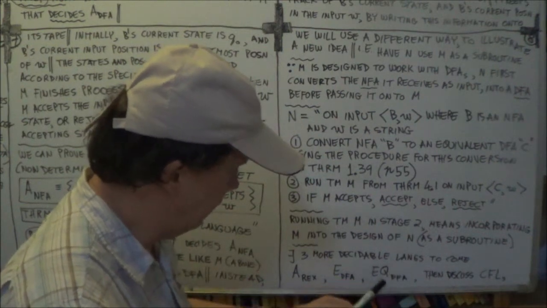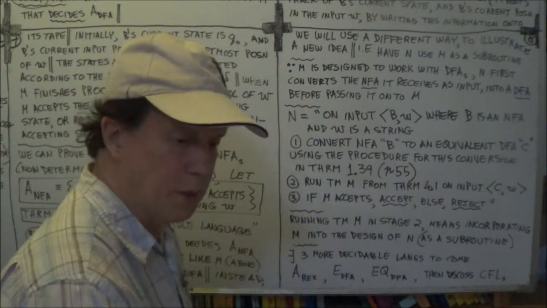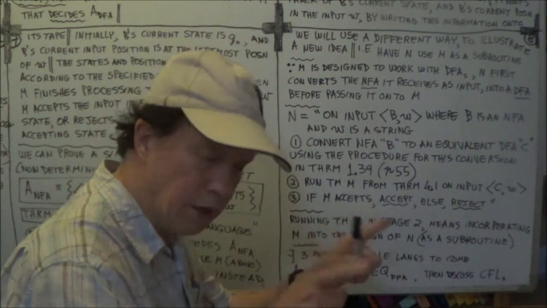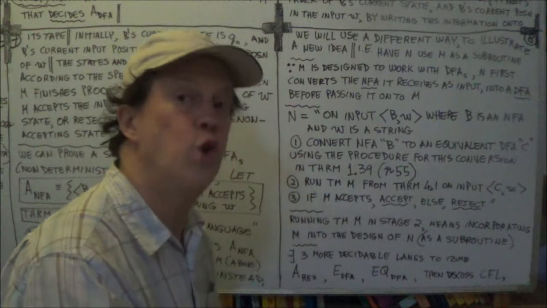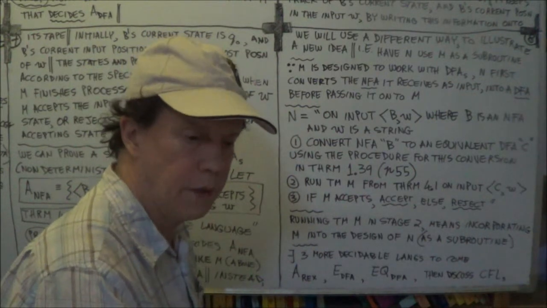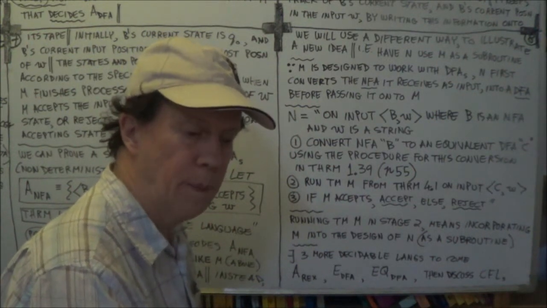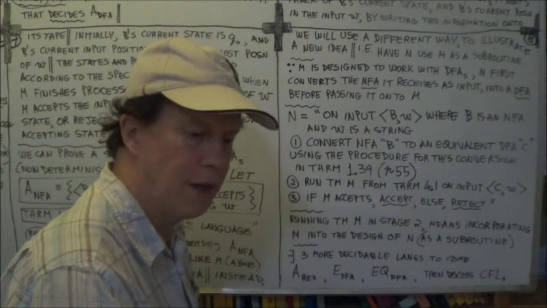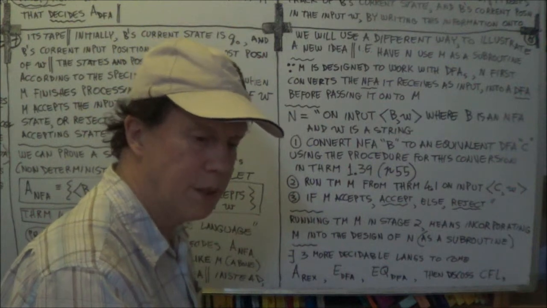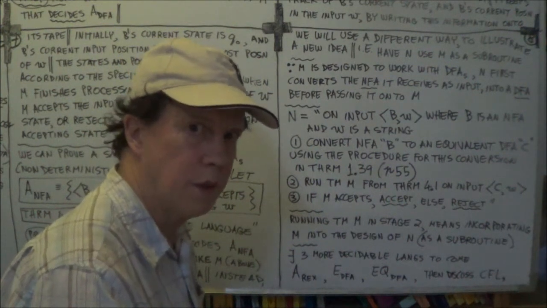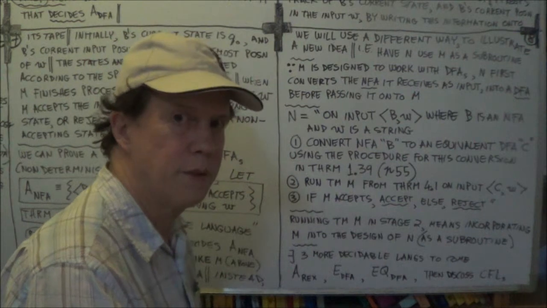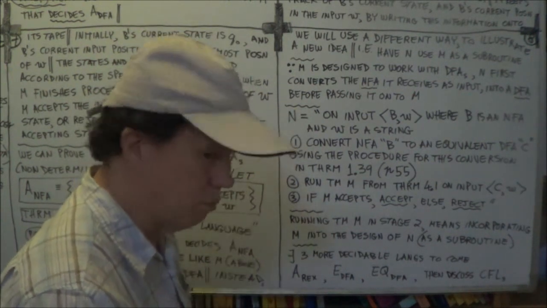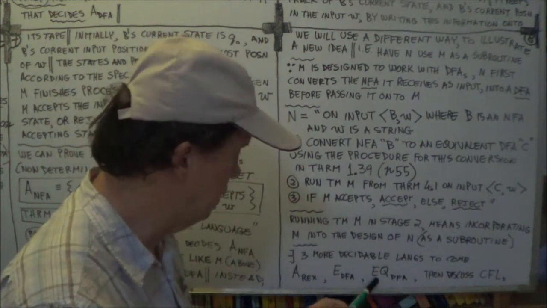This is if your language consists of an ordered pair, in angular brackets, your representation of 2 different automata, A and B, and the computational question is, are these 2 automata equivalent? In other words, do they recognize the same language?